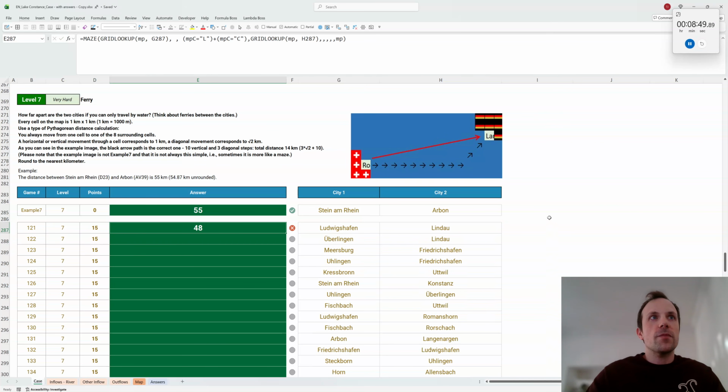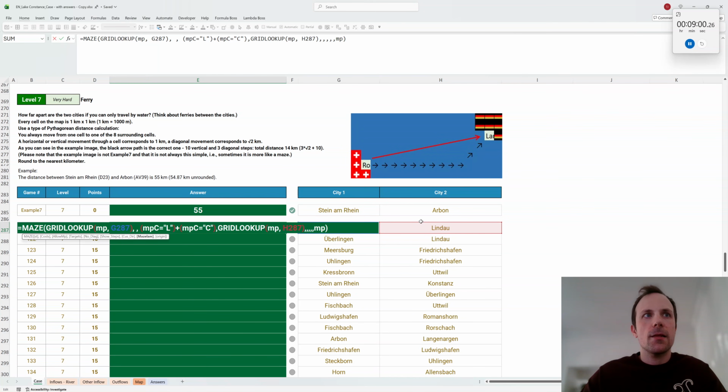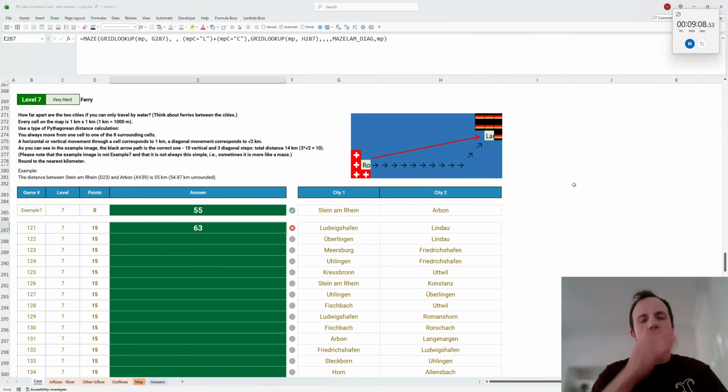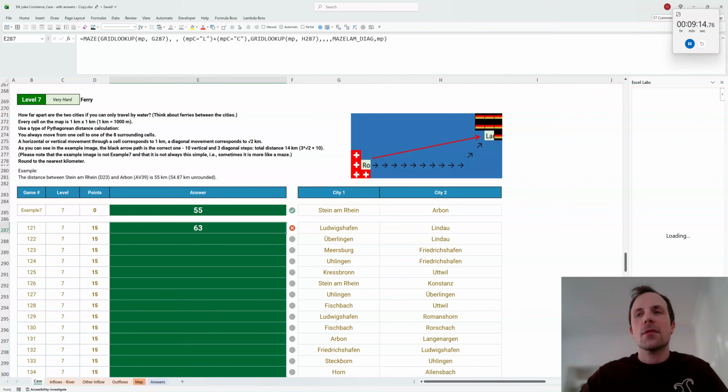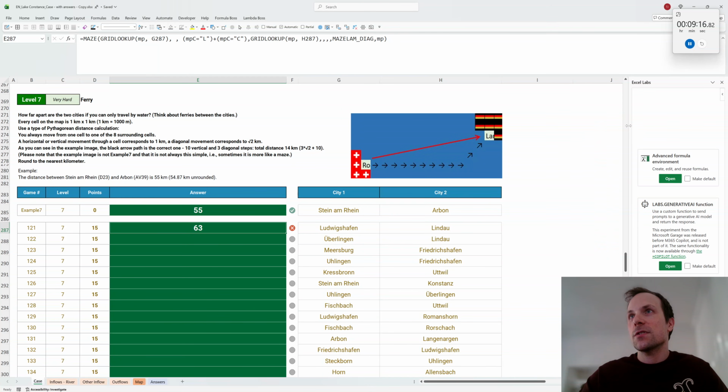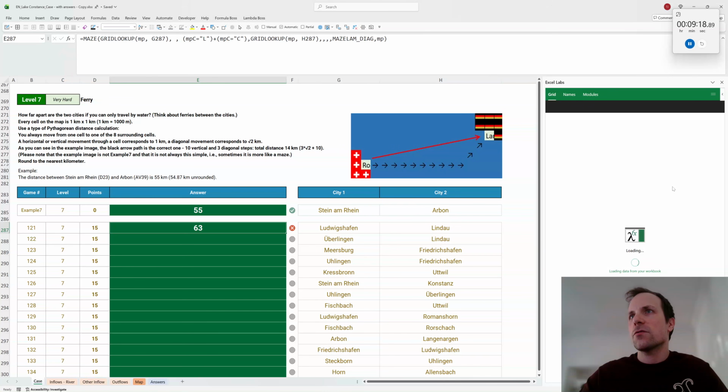Now that's slightly wrong because when we're moving diagonally, we want to use Pythagorean distance, which is the square root of 2. Luckily, I have a lambda which makes adjustments like that, maze lambda diag. Unfortunately, for some reason, probably because of the case it was based on, that lambda translates a diagonal distance to 1.5 rather than the square root of 2.